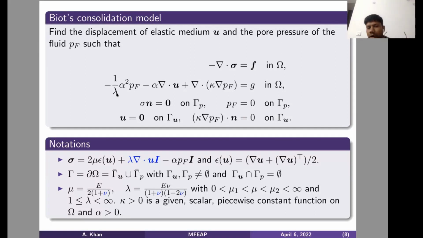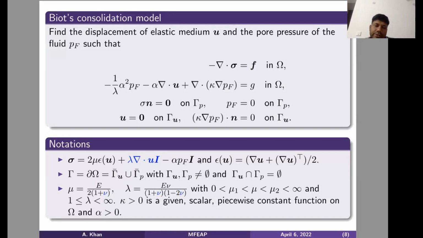Lambda and mu we already know: these are the Lamé coefficients, which depend on the Young modulus and Poisson ratio. The same thing we also face in the nearly incompressible case, and the question is how to solve it.